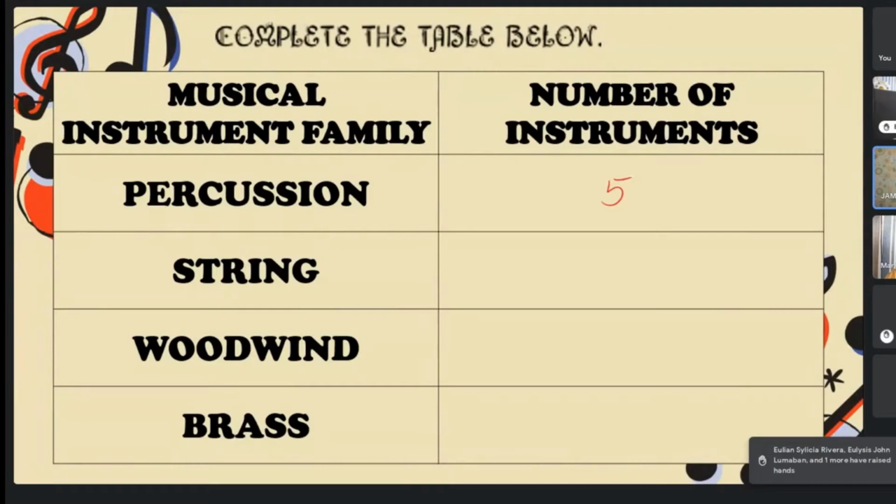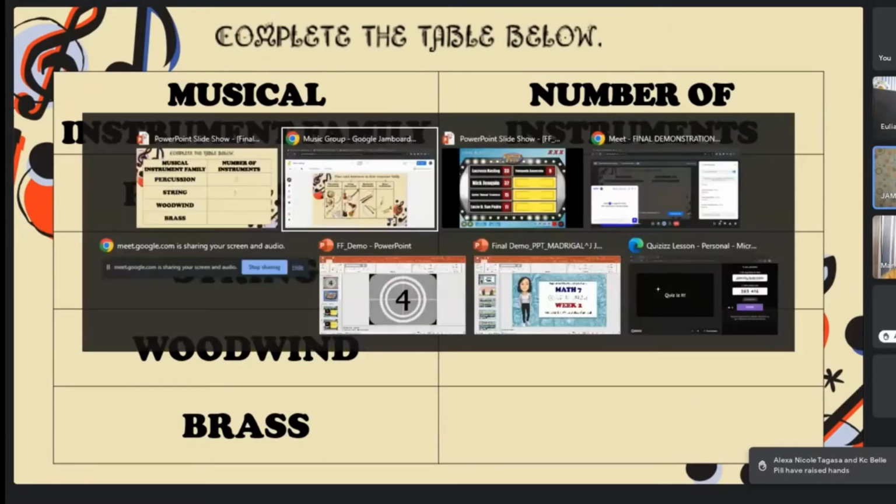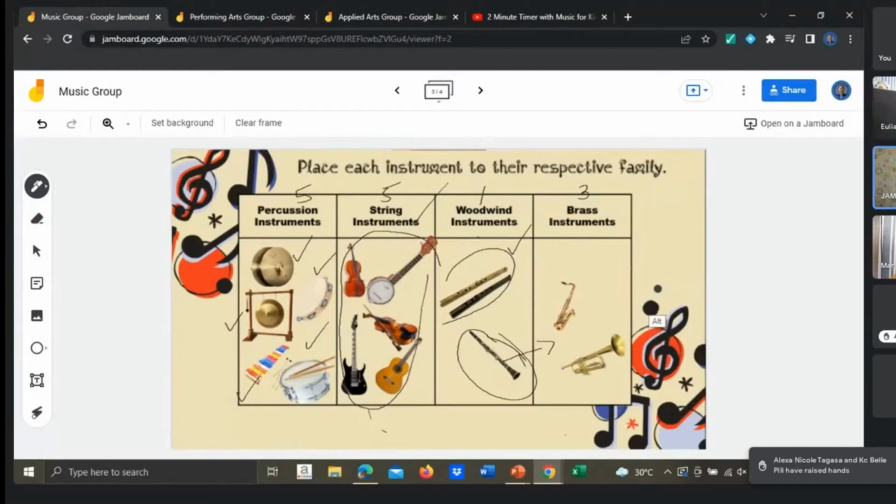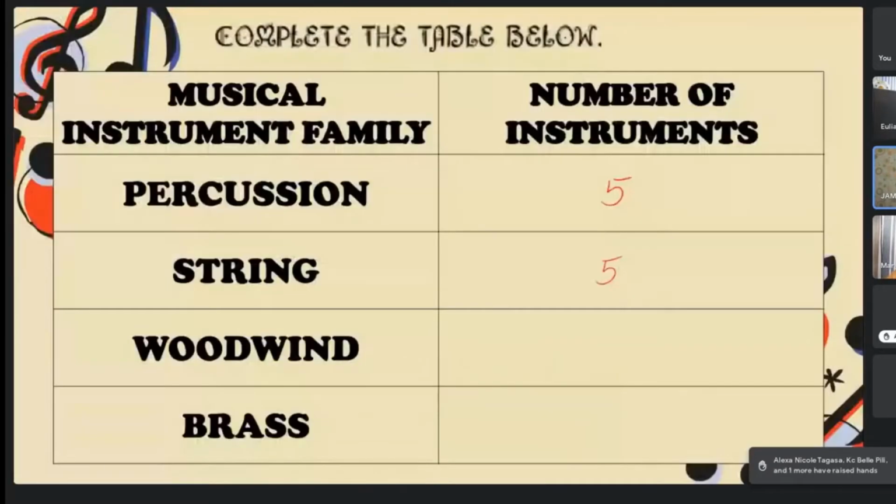How about the string instruments? Yes, Julian. 5 pa rin po. We also have 5. How about the woodwind instruments? Yes, EM. Ma'am, 3 po. Again, woodwind. Let's have Casey Bell. 2 po. 2.